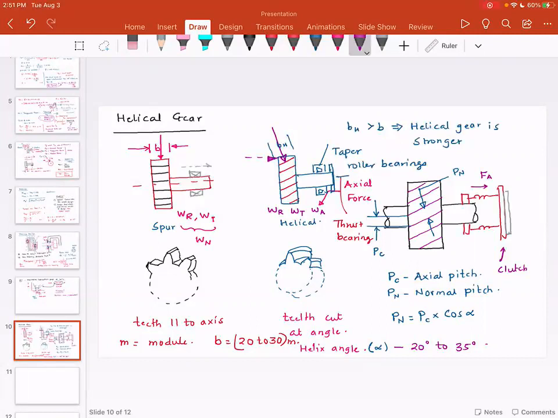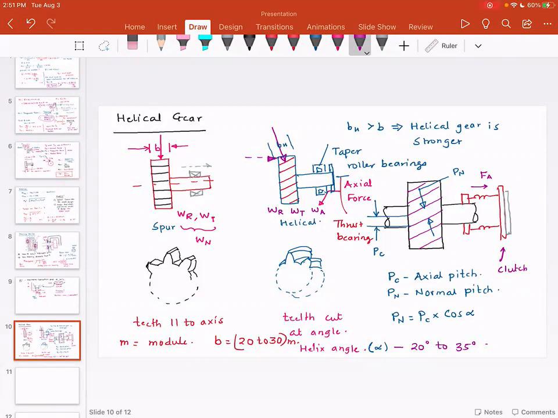So if you were to use a helical gear, then you don't need additional means to maintain the pressure, because of the axial thrust generated by the helical gear. The clutch will be self-loaded. In other words, the clutch will be loaded by this helical gear.